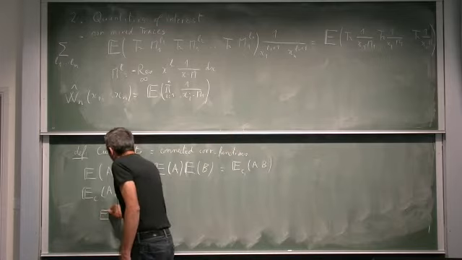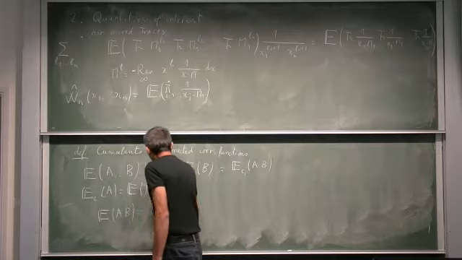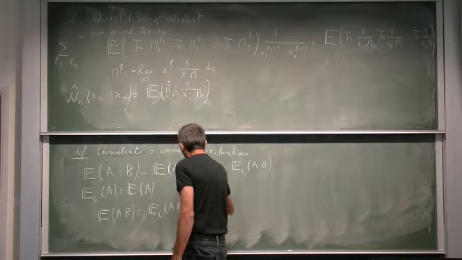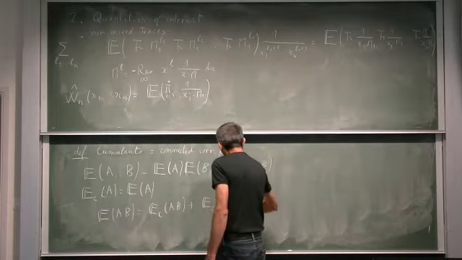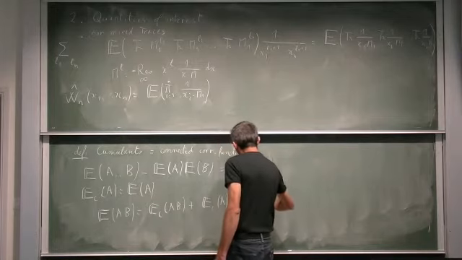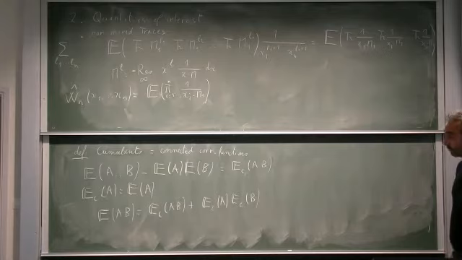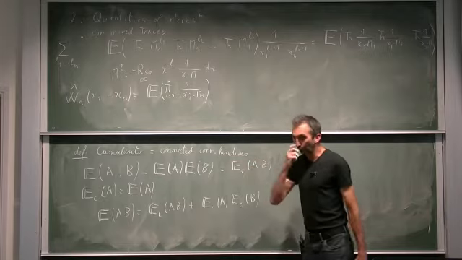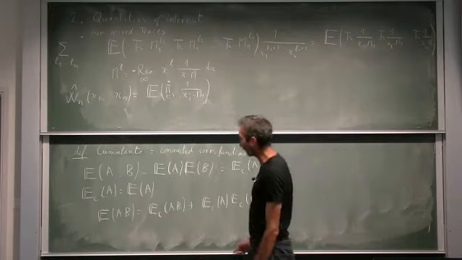So the expectation value of AB is the connected expectation value of AB plus the product of the expectation values. Now this can be generalized to a product of more than two terms. The connected expectation value of a product of two terms is the same as the covariance, but now you can define that for a product of more terms.